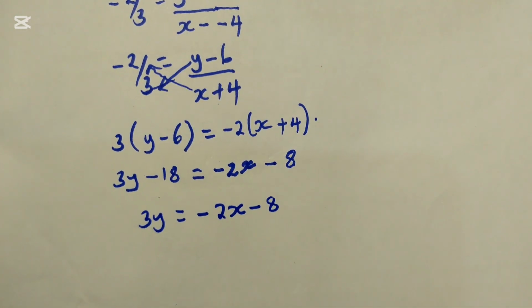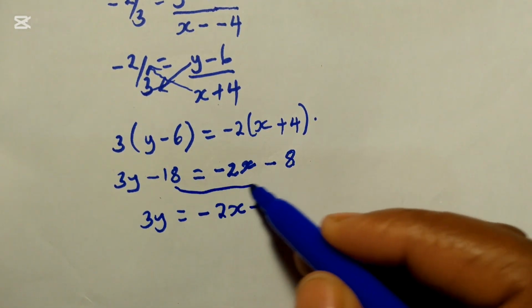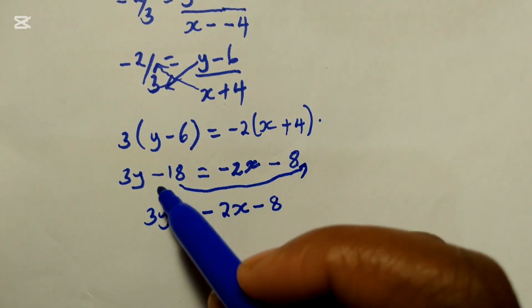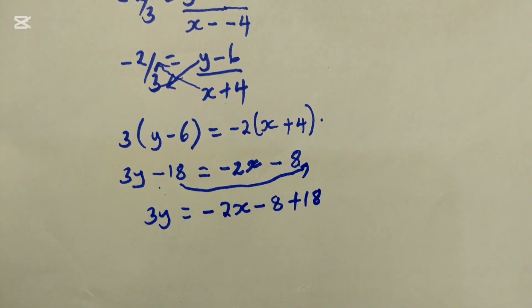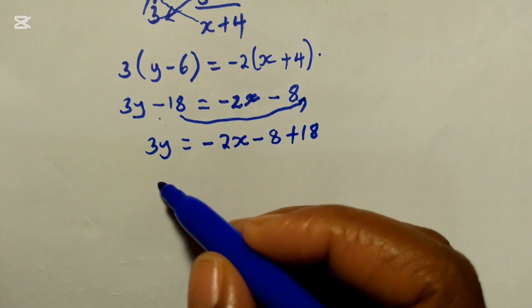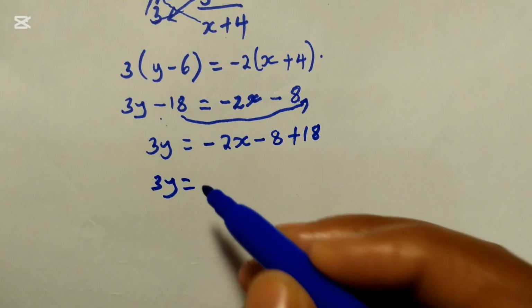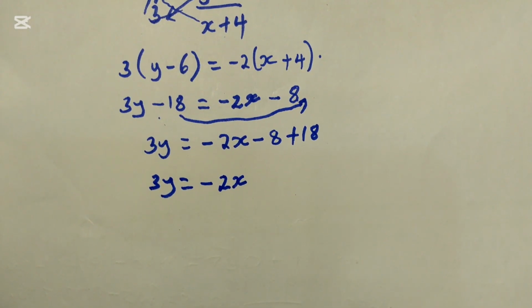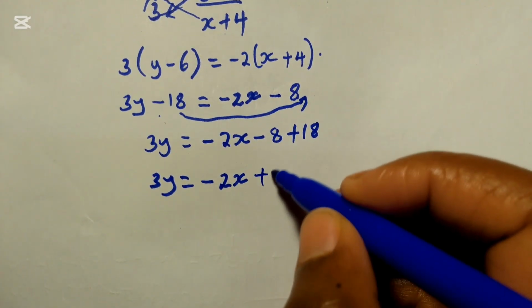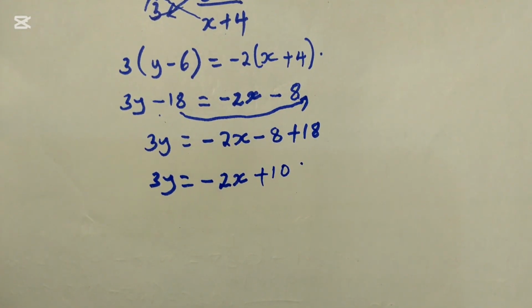And then taking negative 18 to this side, we'll change from negative to positive 18. And this will eventually be 3y being equal to negative 2x and then plus 10.